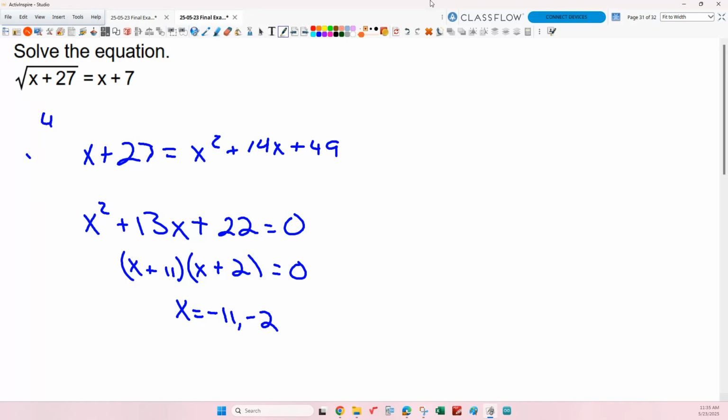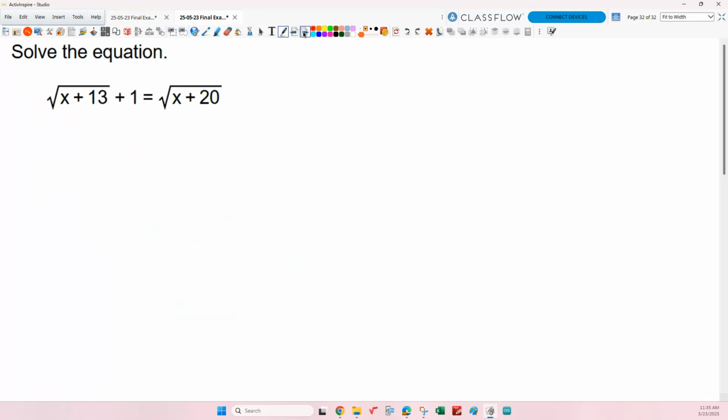And then negative 11 plus 7 is negative 4. So negative 11 does not work. If I put negative 2 in there, we get the square root of 25, which is 5. Then we have negative 2 plus 7, which is also 5. So negative 2 does work.